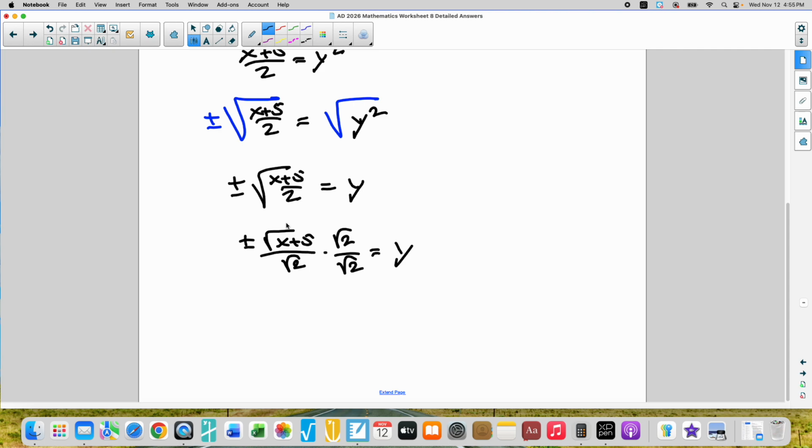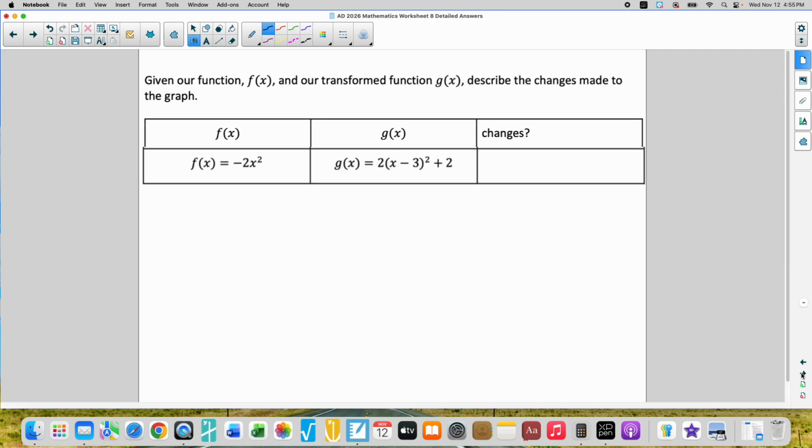Do we distribute? Can we put it under? Can you distribute that? That's an interesting one. I want to see what the answer is. I mean, is it square root of 2x plus 10 over 2 equals y? It'll be interesting to see what that answer is. I'm unfamiliar with this.